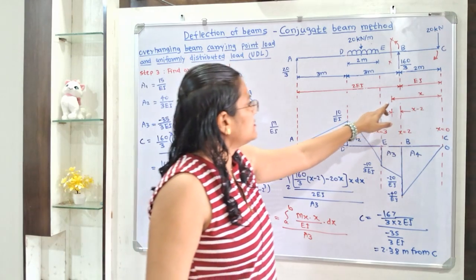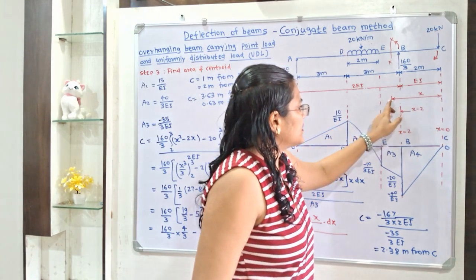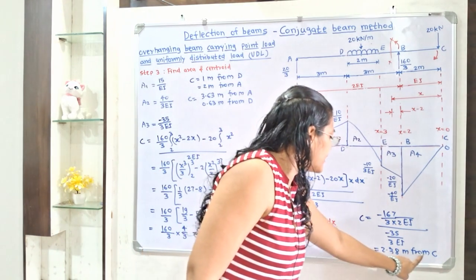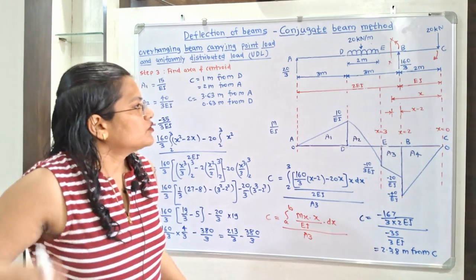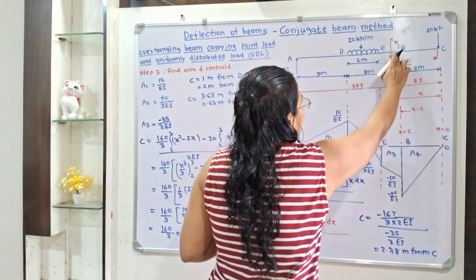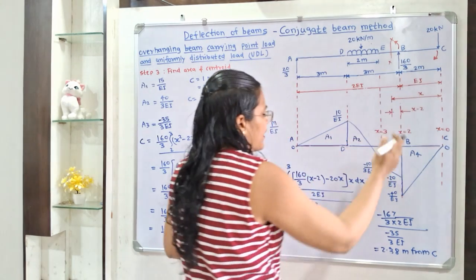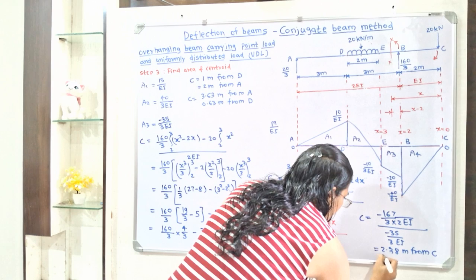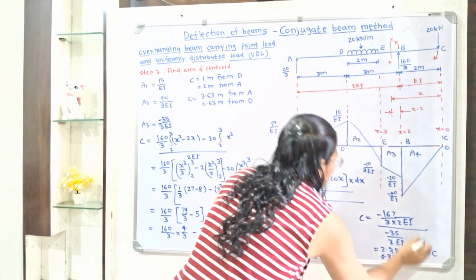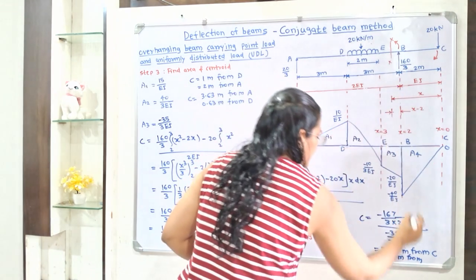So x is from end C. So we can say that this centroid is at a distance 2.38 meter from end C. So it is 2.38 meter from this end C, and 2.38 minus 2, that is 0.38 meters from this end B, from the end B.